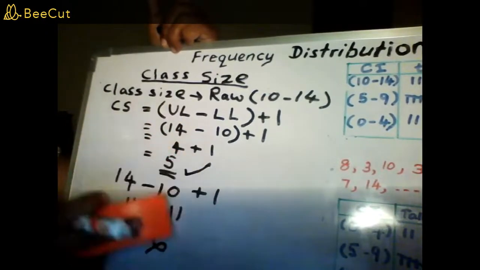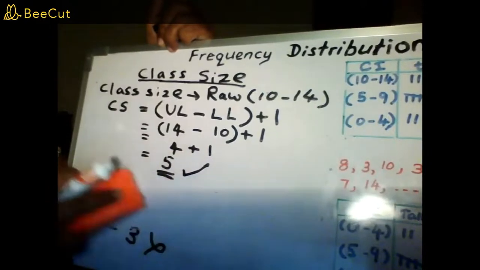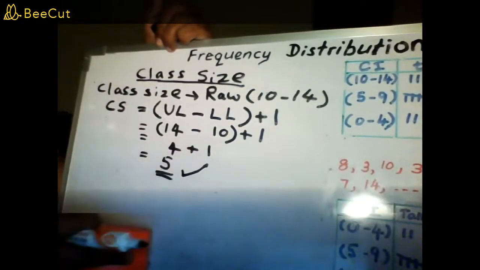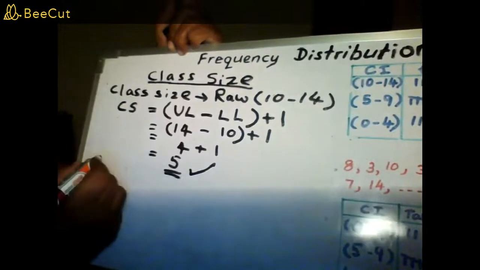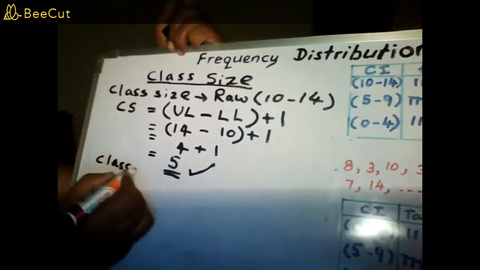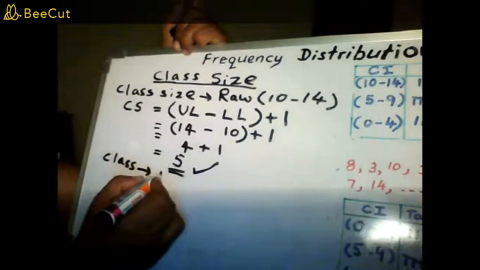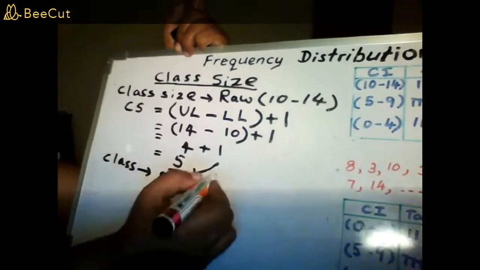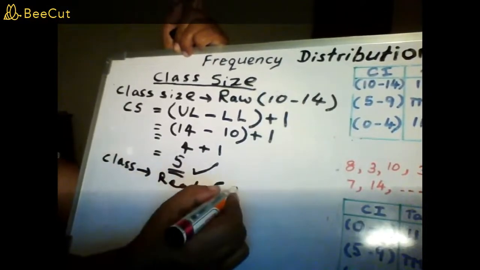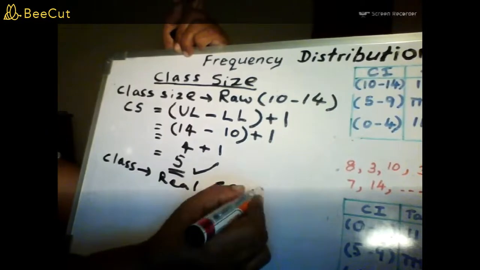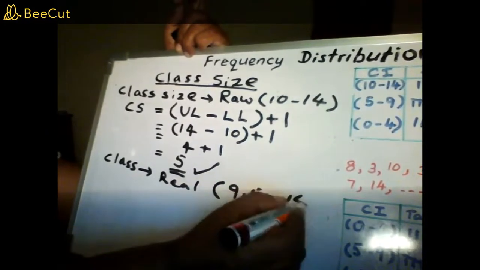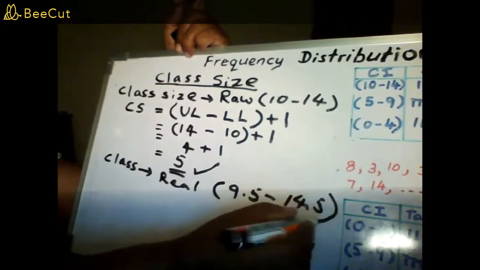That's the class size for raw limits, right? And the class size for real limits, we'll take the same, 9.5 to 14.5.